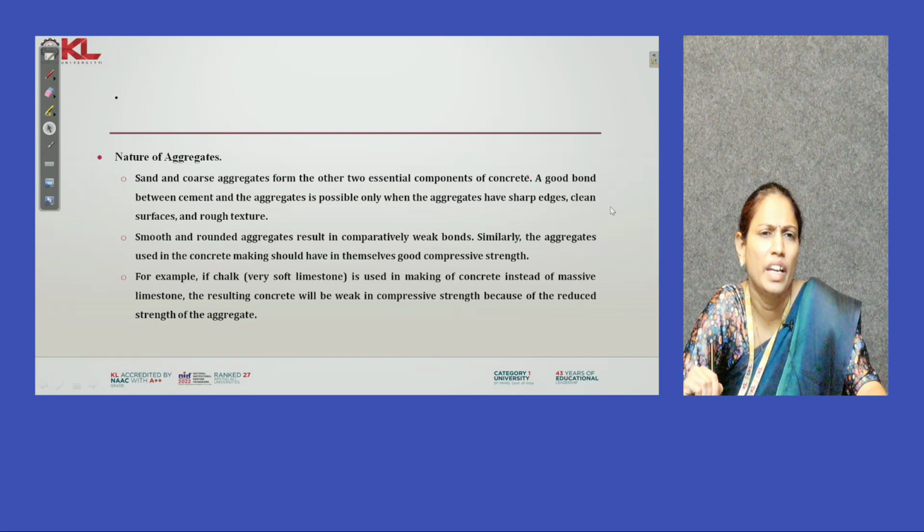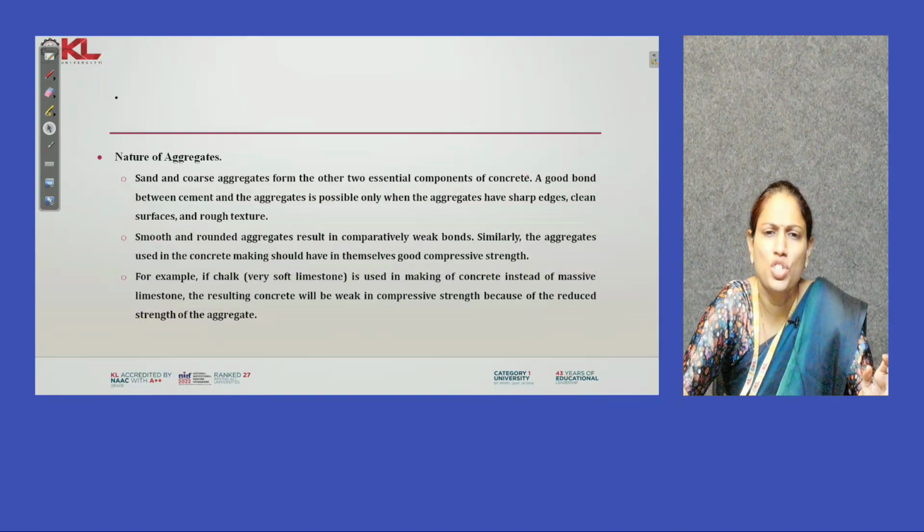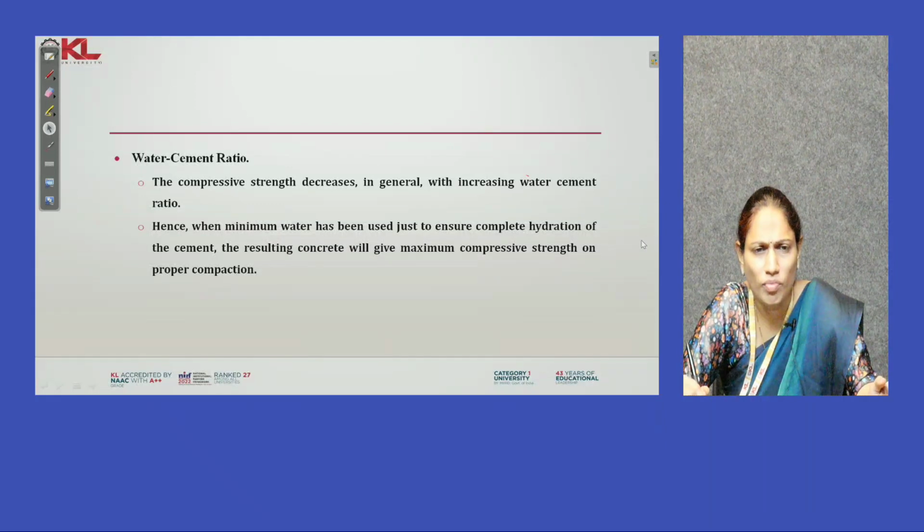Next is the nature of the aggregate, like sand and coarse aggregate, fine aggregate to coarse aggregate. We look at smooth finish, rounded aggregate, for example chalk. If the lime content is more, the weakness in the compressive strength of concrete will be seen.